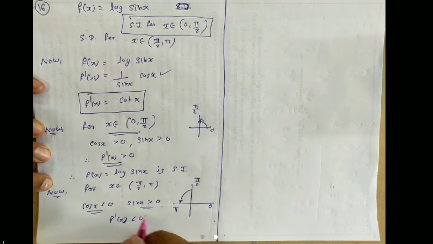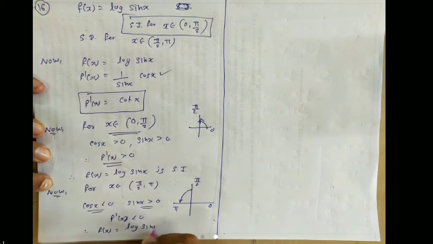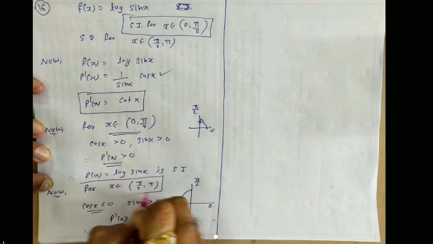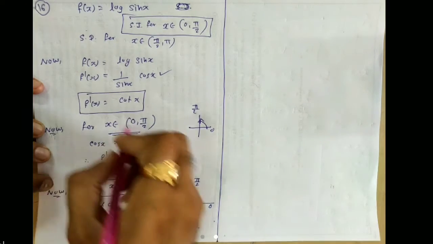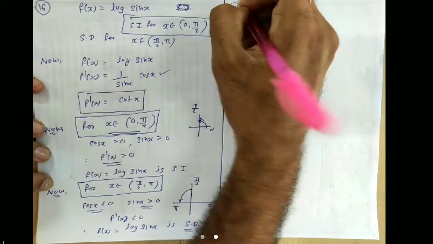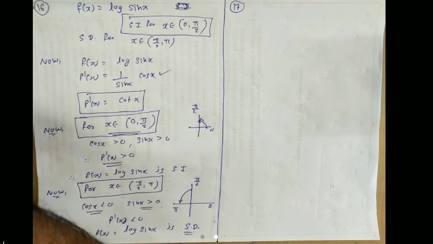So f dash x is less than 0, so we can say that f of x, log sin x, is strictly decreasing for x belongs to pi by 2 to pi. Clear? Simple.